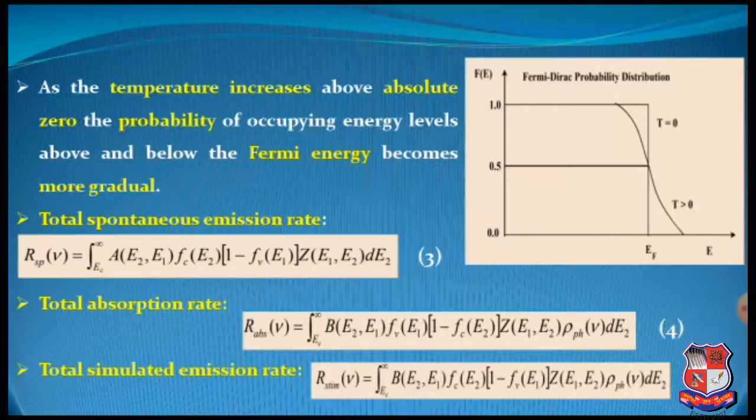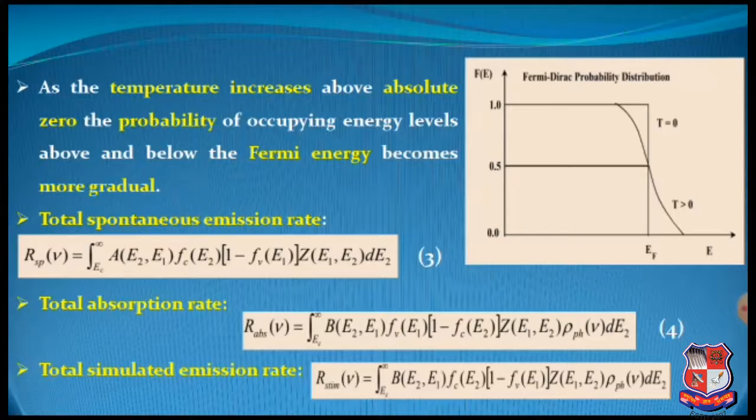The only change is first of all in the energy function. After that, absorption takes place in the valence band, emission takes place in the conduction band. So instead of F_C(E2) we have utilized F_V(E1) times 1 minus F_C(E2) times Z(E1, E2), as it is, times rho_ph, that is the density of photons, at frequency nu, dE2.